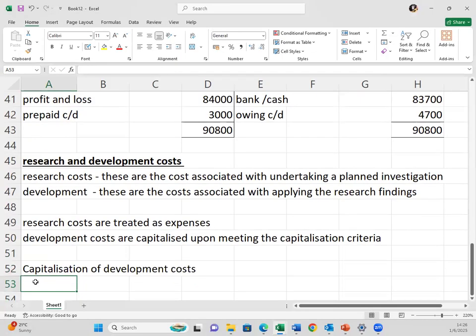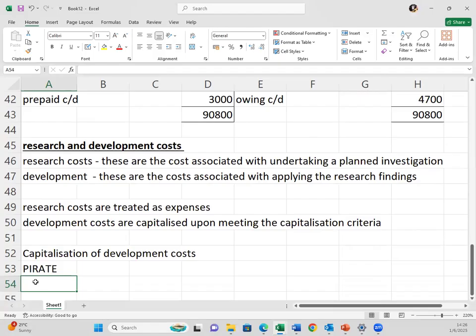So we capitalize them if they meet the PIRATE criteria. So probable of yielding benefits.